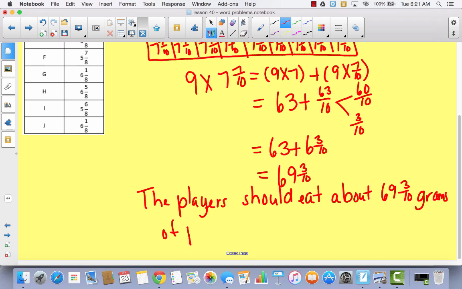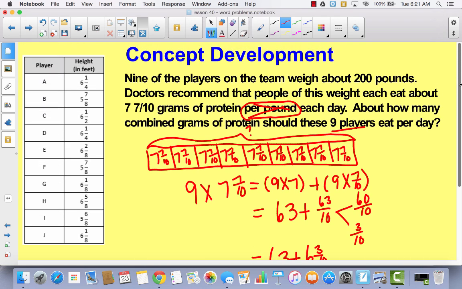So you might be thinking to yourself, but Miss Jennings, they use the word about, and about means that I have to estimate. And typically it does mean that you have to estimate. But the only reason why we don't have to estimate is because it says here that they should each eat about 7 7/10 grams of protein.